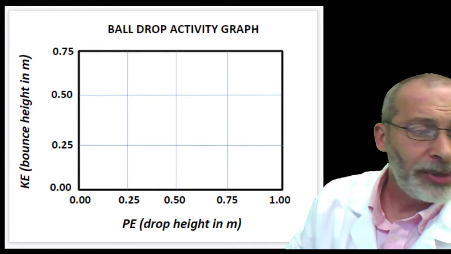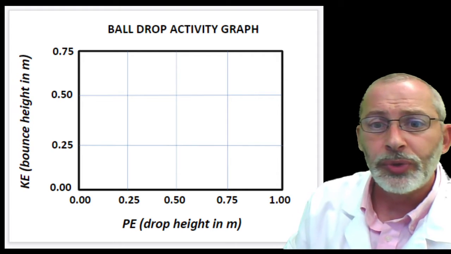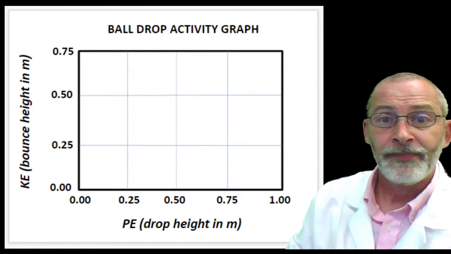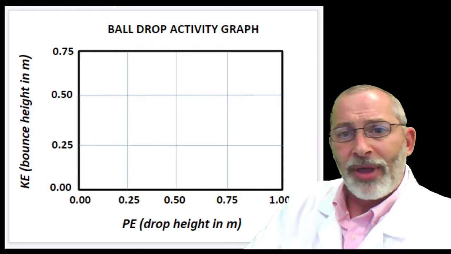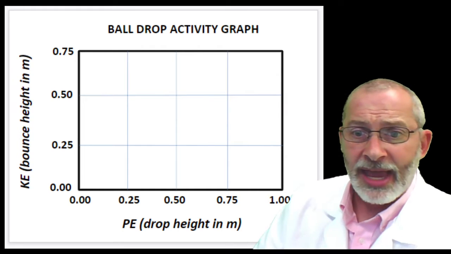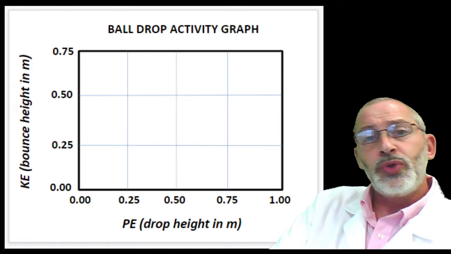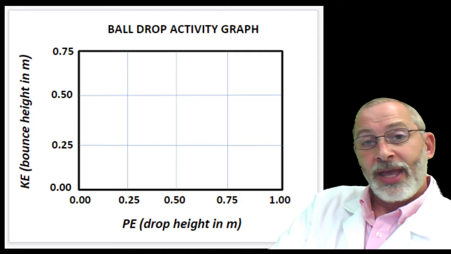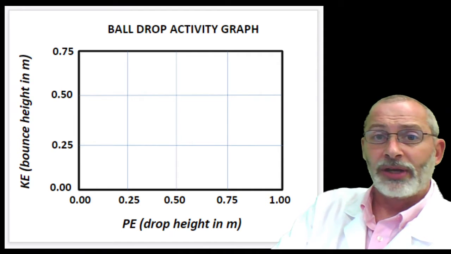And while you're copying this down, I'm going to share with you what we're going to do in order to create another line graph. This one we're calling the ball drop activity graph. In this particular activity, I'm going to use a bouncy ball. In the lab, I've already done this, and I'm going to show you a video of it in a moment.